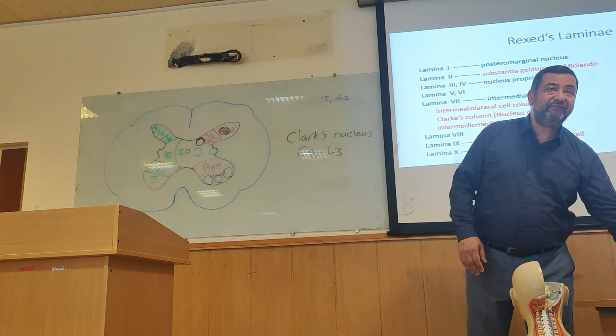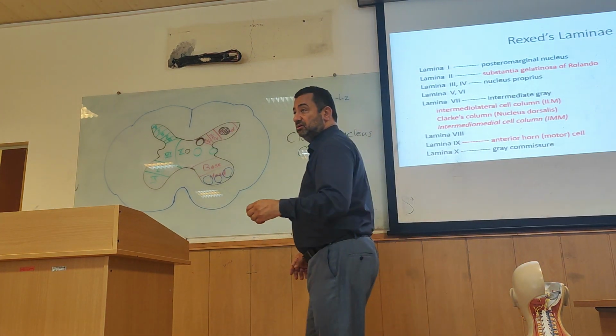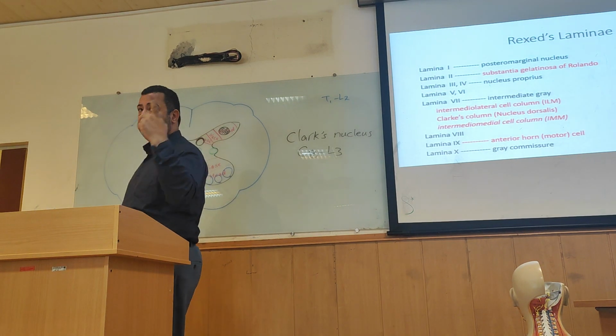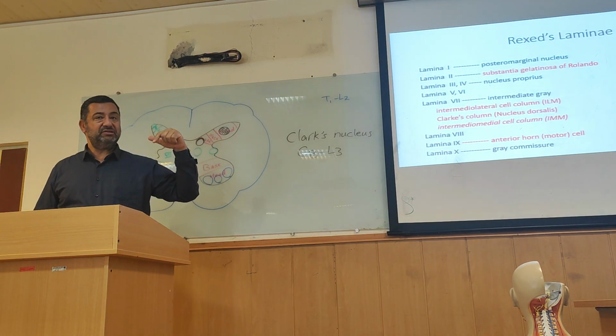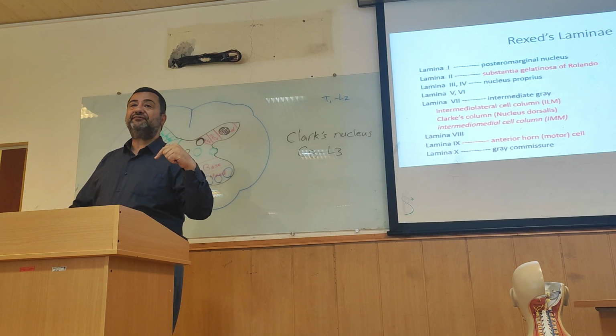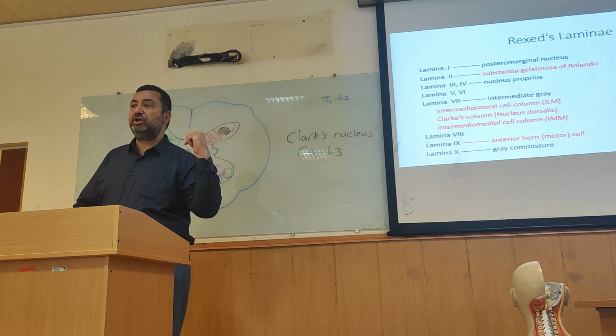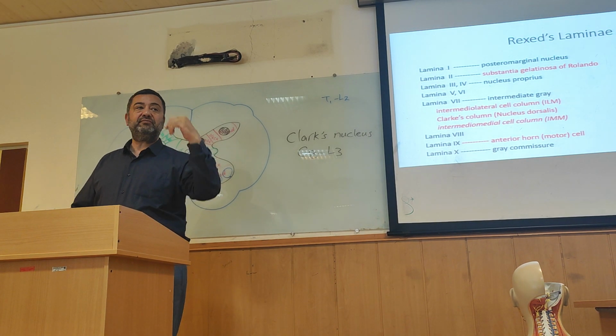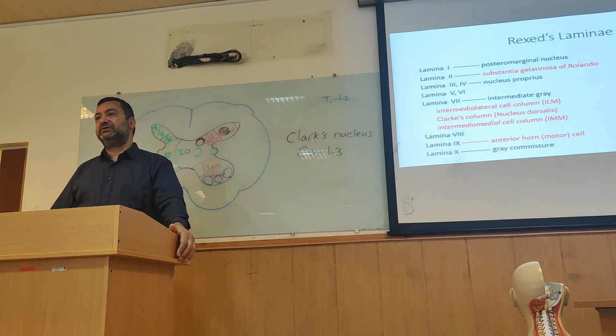Cranial nerve 11 has two parts, cranial part and spinal part, and the spinal part emerges from the spinal nucleus located from C1 to C5 segments of the spinal cord.